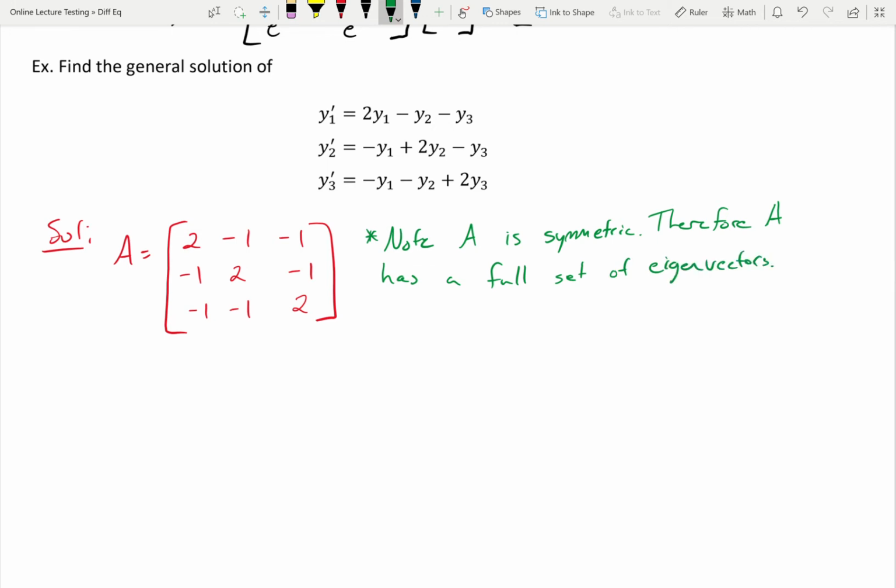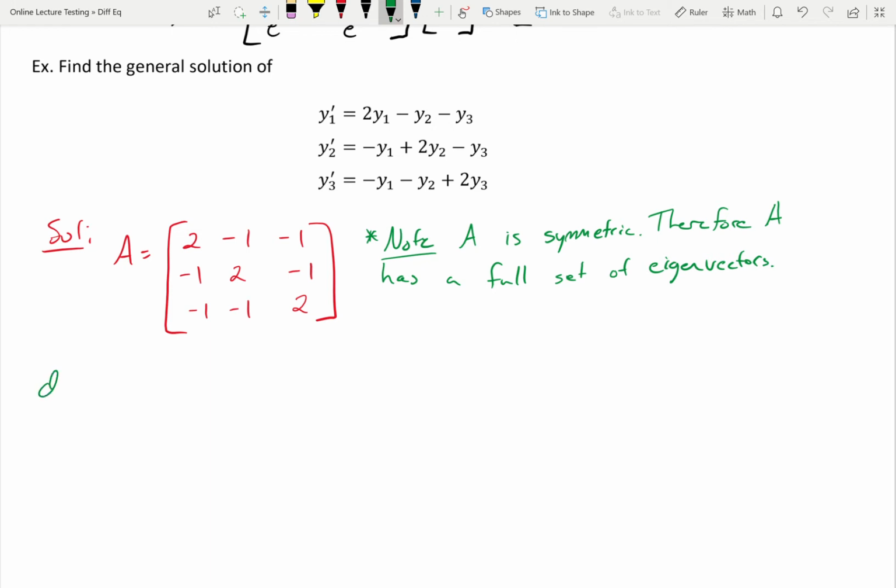Okay, that means once we solve for our eigenvalues, our eigenvectors will be linearly independent of each other, and they will form a fundamental set based upon our definitions from theorem 4.6. So this is very, very important. All right, and we're going to see why this is important here in just a second.